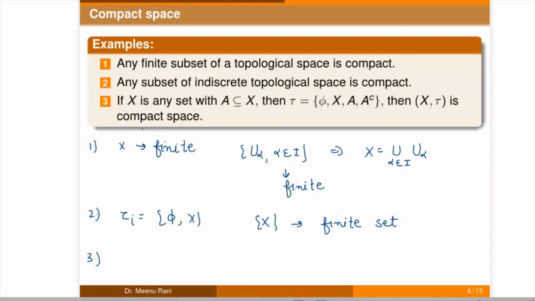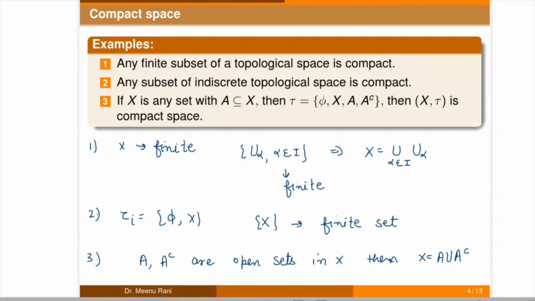And third example, if X is any set with A a subset of X and tau contains phi, X, that subset A and its complement, then X is a compact space. Because if we take A and A complement, both are open sets in X, and then we can write X is equal to A union A complement.